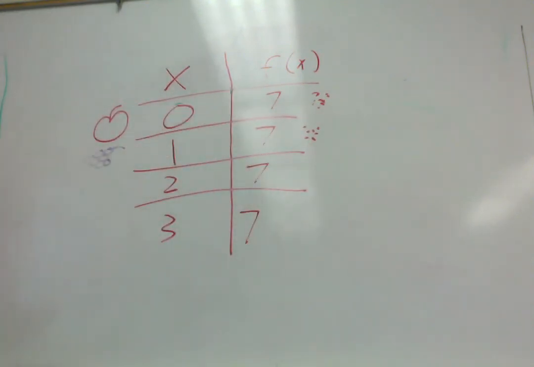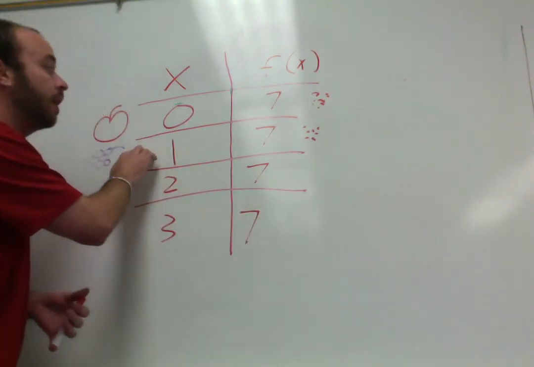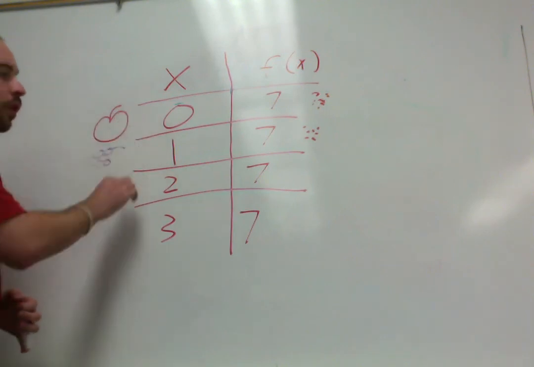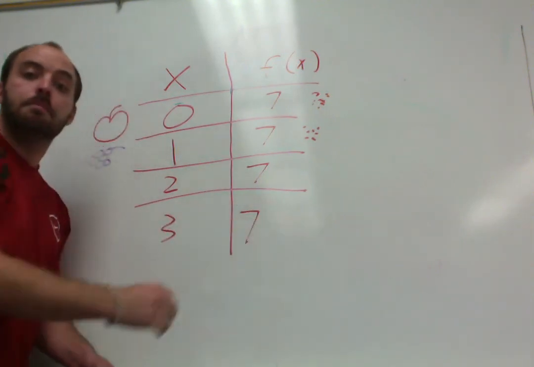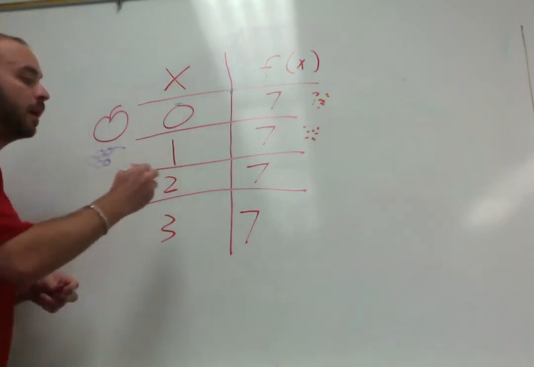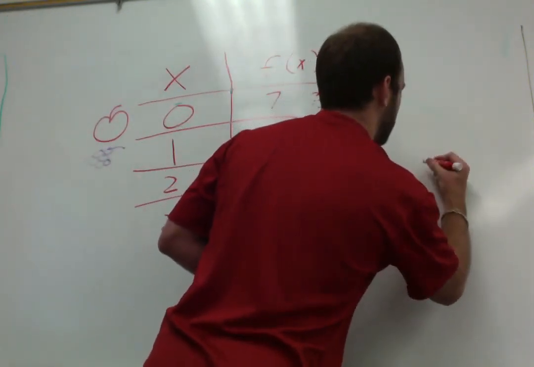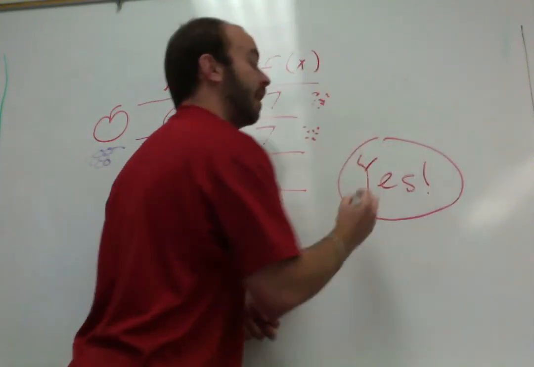We can get seeds for as many kinds of fruit as we want. We can get the number 7 for as many different inputs as we want. These are all different, these are all the same, but as functions are concerned, that's okay. 2 thumbs up. If you got that this is a function, you are absolutely correct. Nice work.